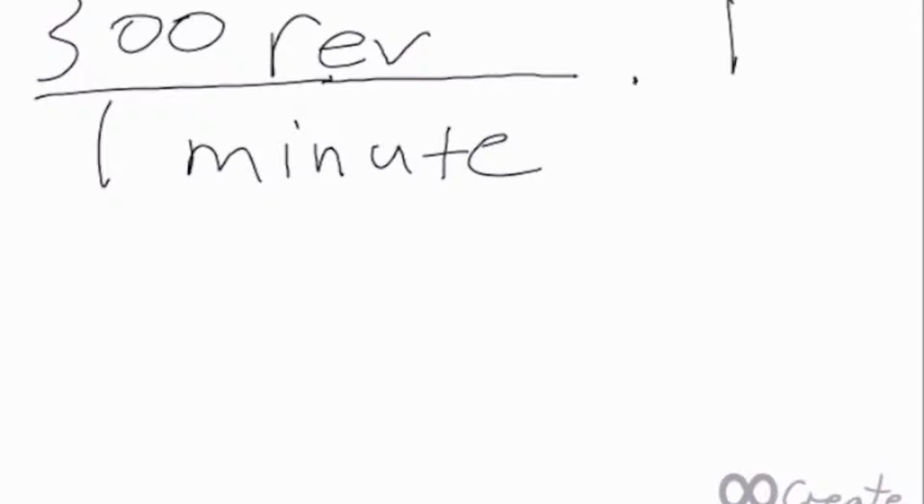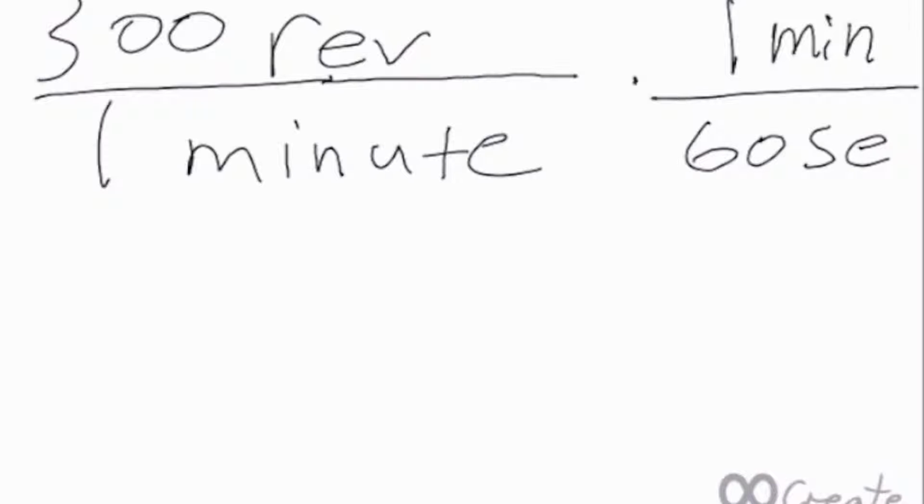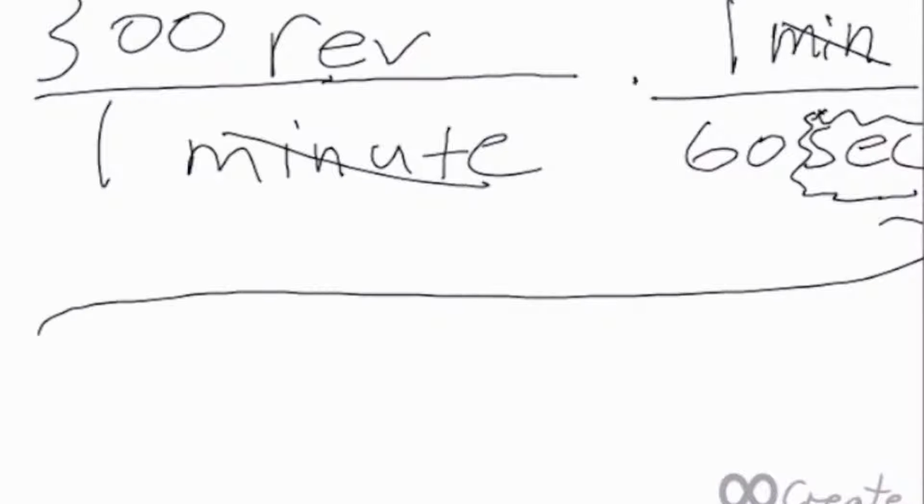So we're going to put 1 min, I'm going to simplify here, just put min instead of minute, it means the same thing. And underneath it, 1 minute equals 60 seconds. We're going to cancel out the minutes, and there we have our unit of seconds, and we want to keep this. So I'm going to write a little squiggly around it, and we want to make sure we keep that. And then we're going to go around here and start the rest of the problem, because I have a small screen.